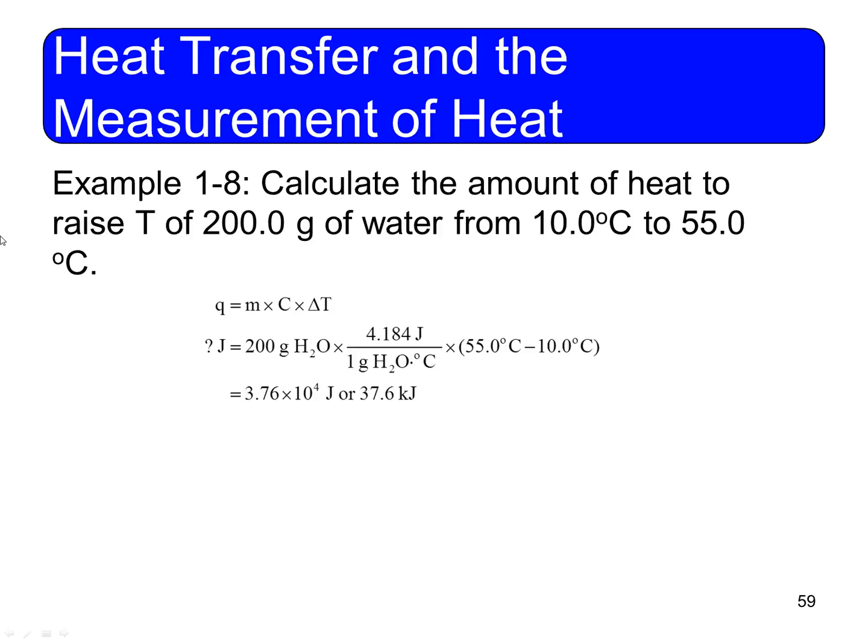Q is for heat. Especially in Chem 2, this becomes really important when we're looking at chemical reactions. We want to see how much heat is released or absorbed by a chemical reaction. But for you guys, we're just looking at one substance. So we're just looking at water, and we're looking at how much heat it would take to raise 200 grams of water from 10 degrees to 55.